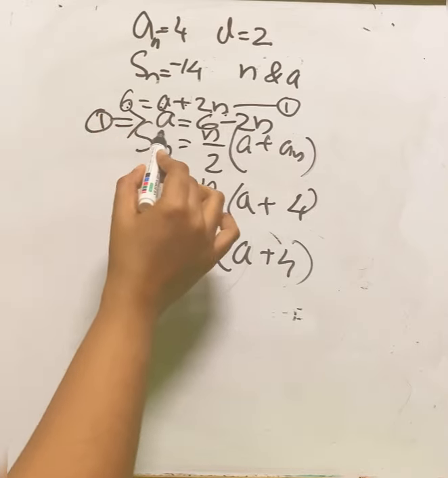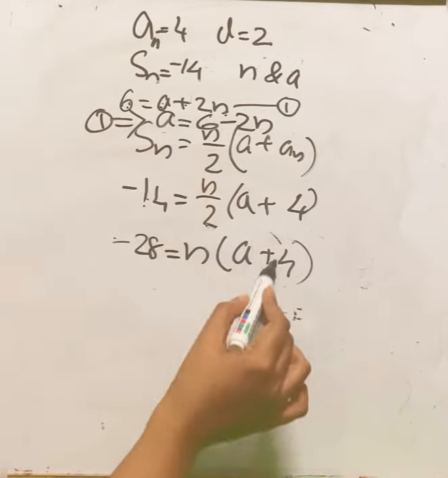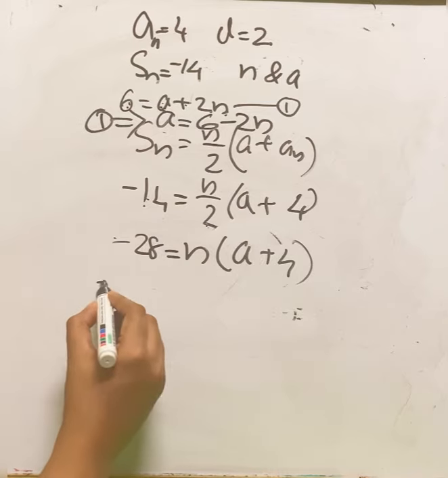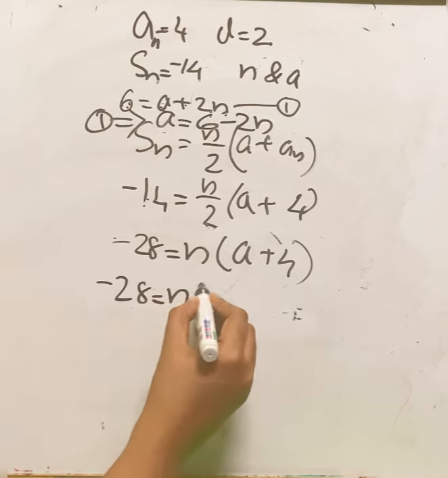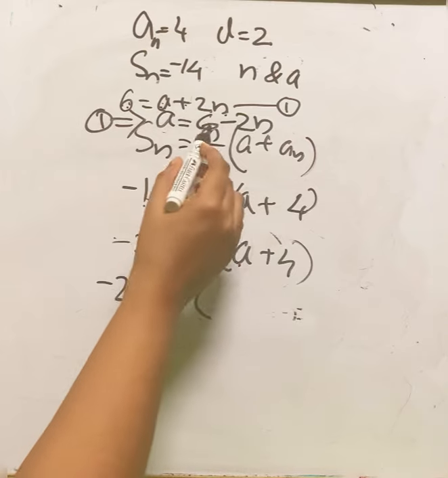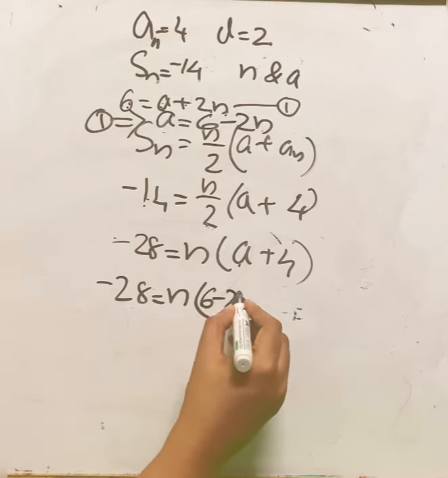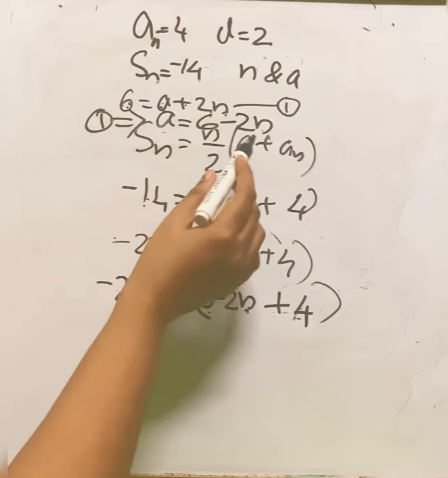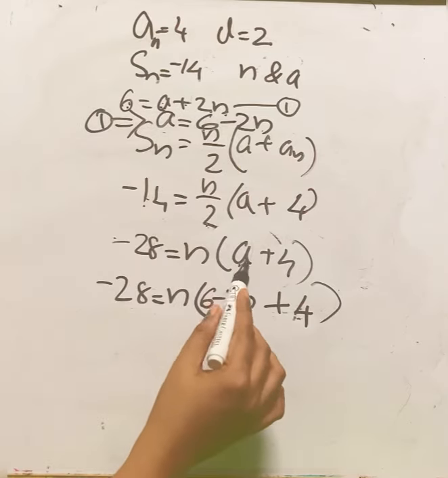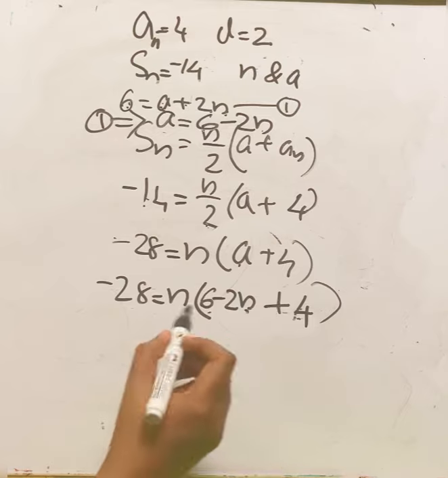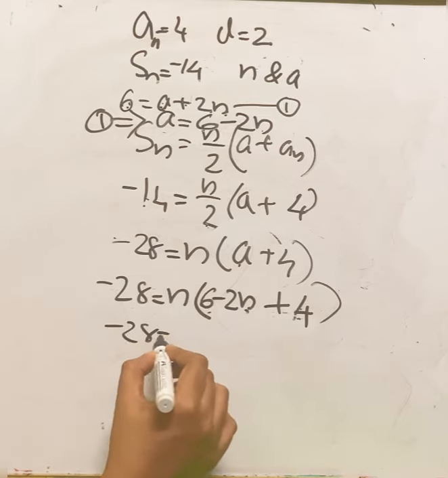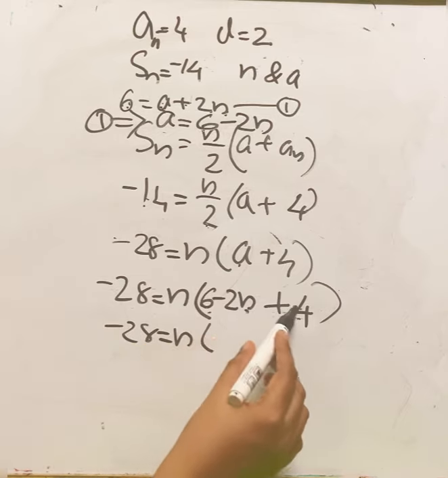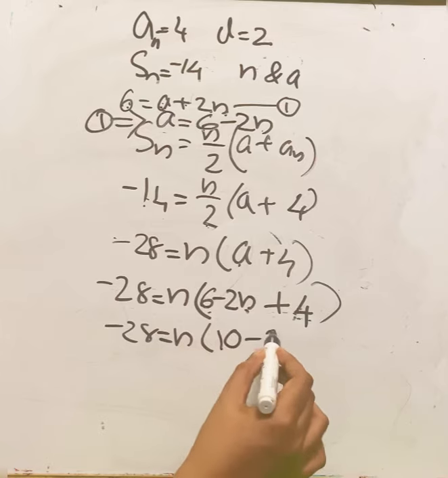Now we can substitute this value of a in this equation. So this becomes negative 28 equal to n into, instead of a we will write 6 minus 2n plus 4. Rearranging the first equation, you will get a equal to 6 minus 2n. Again negative 28 equal to n into 6 plus 4 is 10 minus 2n.